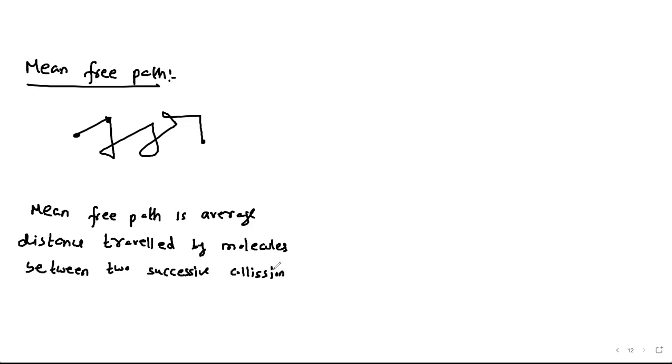When molecules of a gas move, they collide with each other. Between two successive collisions, the distance that the molecules travel is known as mean free path.